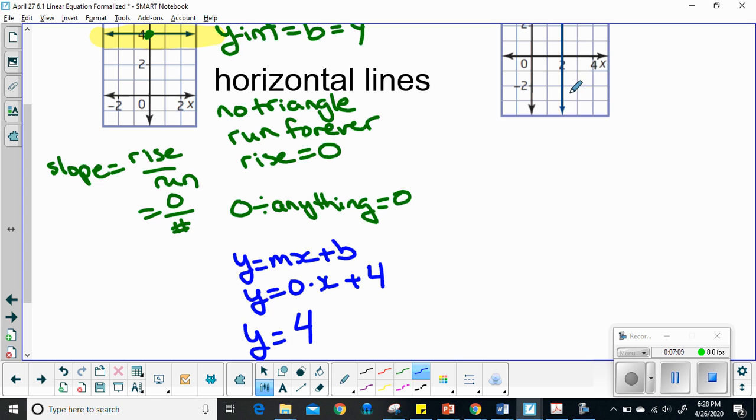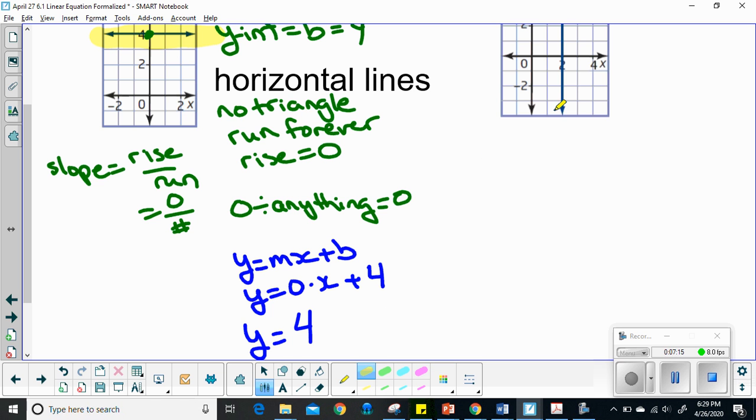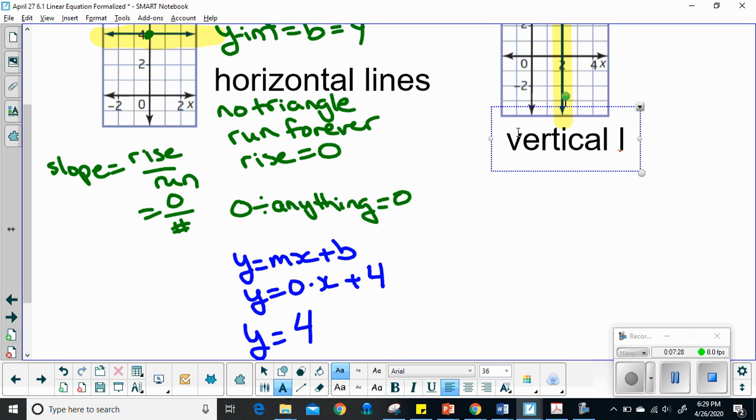So let's take a look over here, this one now, so I can still kind of see it. Let's highlight this line. So here, there's my y-axis. Here, there's my new line. There's the line I have to come up with. So this time, I need to talk about what vertical lines are going to look like. So same concept, same discussion here.